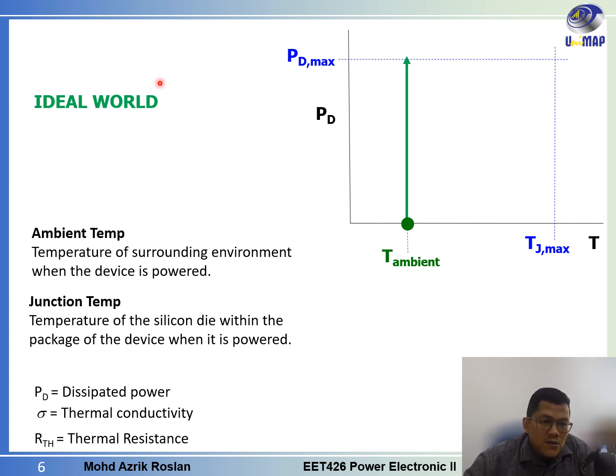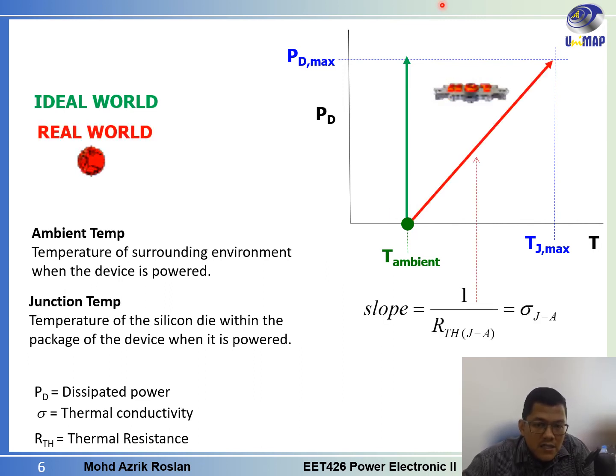So we have the ideal world condition. This is what we want, which is when we have an increase in the power dissipated within the device due to the switching action, the temperature of the device or component remains the same. This is the ideal that we want.